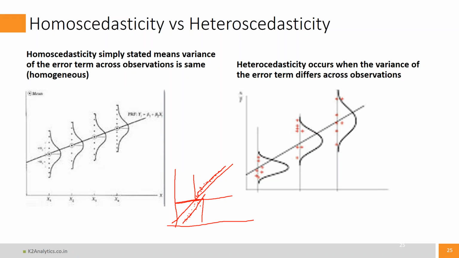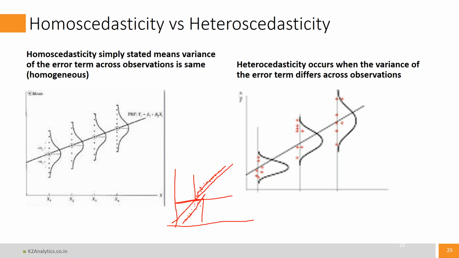Frankly speaking, many times we don't even test these assumptions. We simply take the data, build a model, and if we get an R-square of 0.7, 0.8, we say, okay, we have built a decent enough model. It is quite possible that splitting the data into two segments and building separate models for them could have led to an R-square of 0.85, 0.88 for both of them.